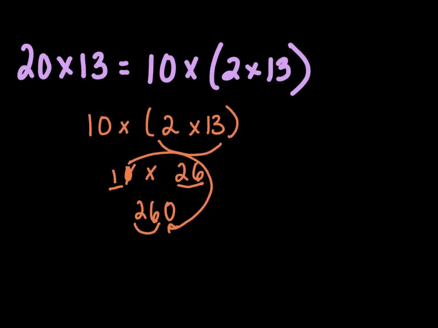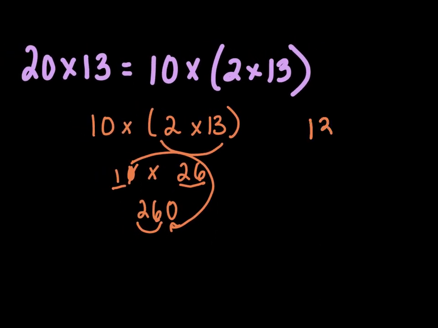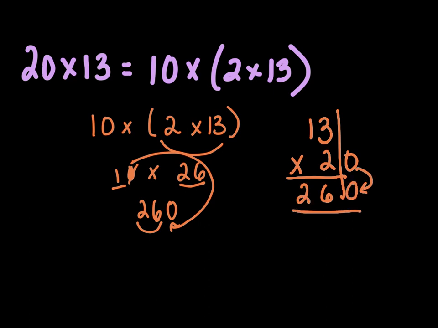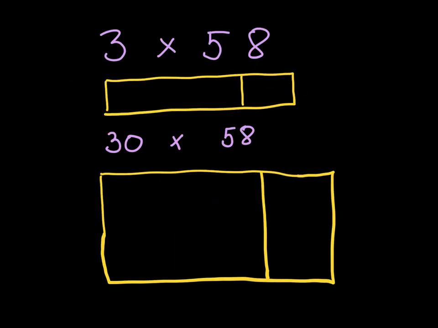Another way to look at this is 13 with your 0 hanging out on the side. So 2 times 3 is 6, 2 times 1 is 2, and then don't forget to include your 0 to get 260.